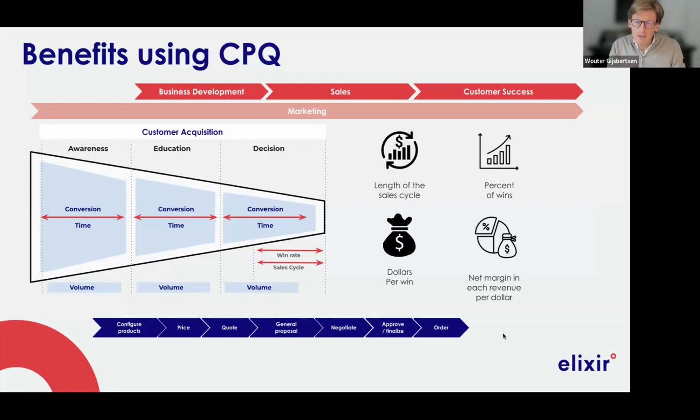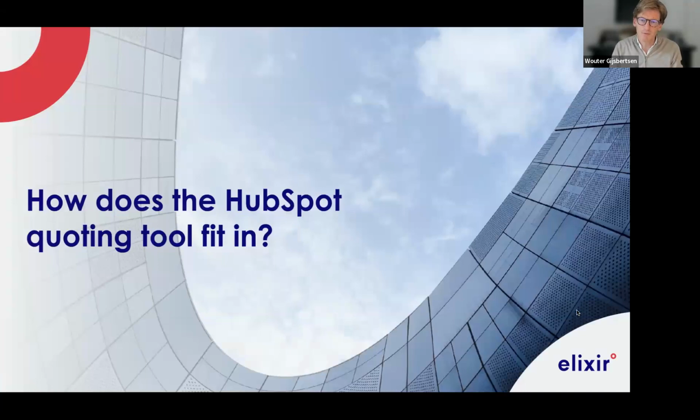Now, this is really in a nutshell what CPQ can mean for you, and it fits right in the decision phase and maybe even before that in the educational phase. So we'd like to dive into two types of solutions, and Carl will take over from here with the HubSpot quoting, and then we will move into the comparison with DealHub.